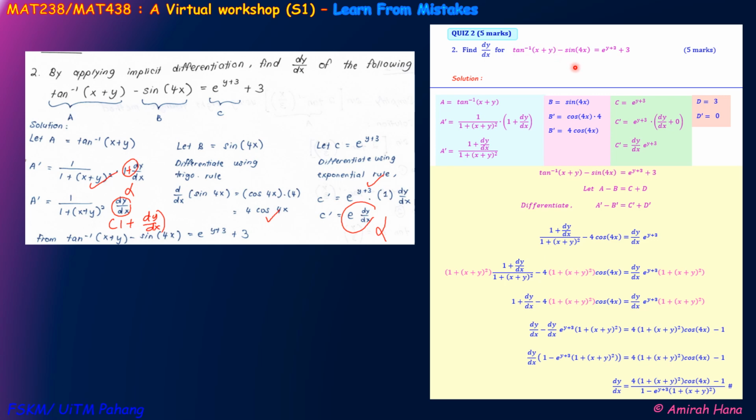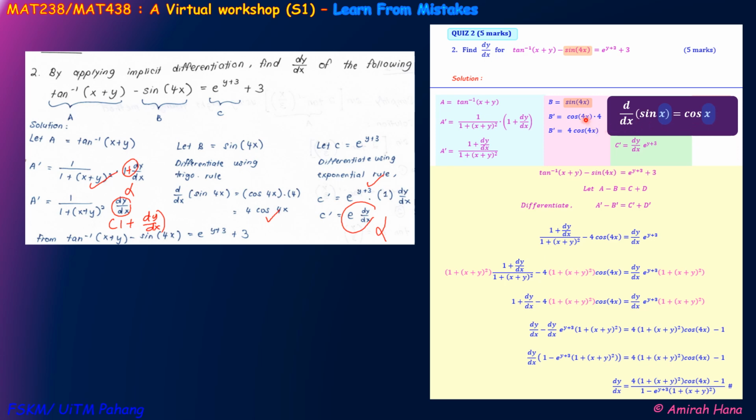Alright, to differentiate sine 4x, let's say B equals sine 4x. We can refer from the derivative of sine single x, this is the basic formula. When we differentiate sine single x, the answer equals cos x. Look at this, we have single x here, sine single x, and the answer equals cos single x.